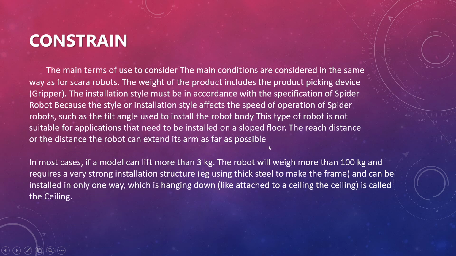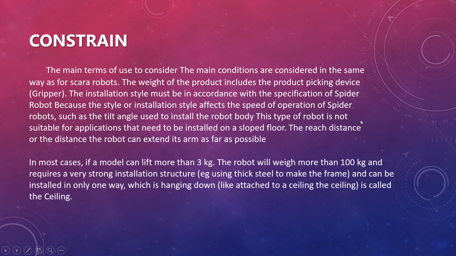The installation style affects the speed of operation of spider robots, such as the tilt angle used to install the robot body. This type of robot is not suitable for applications that need to be installed on a slope.